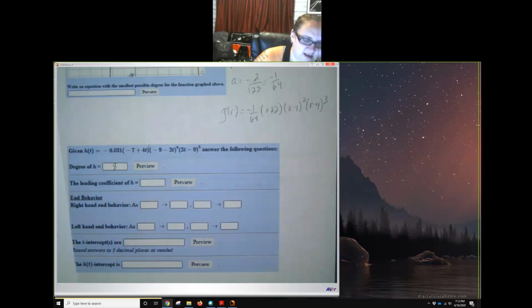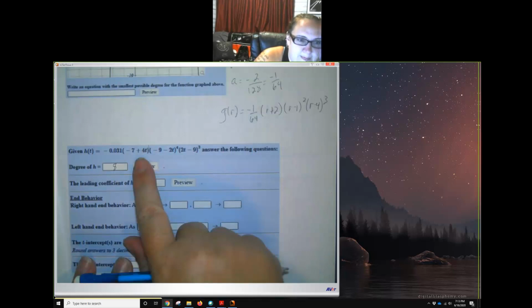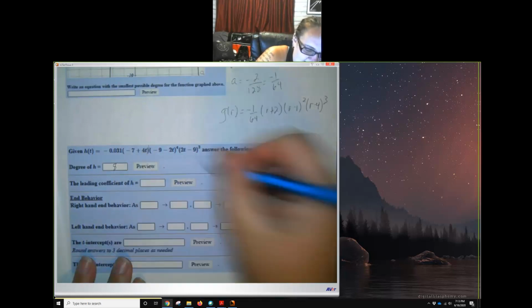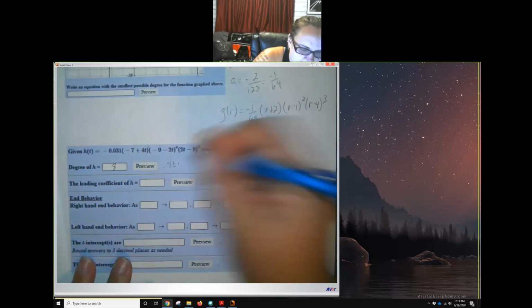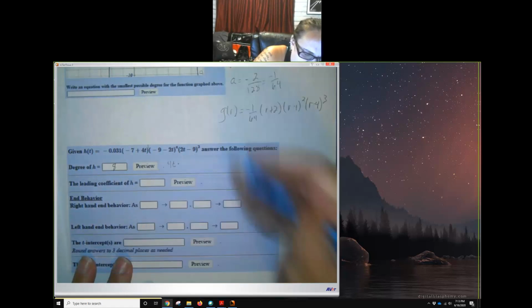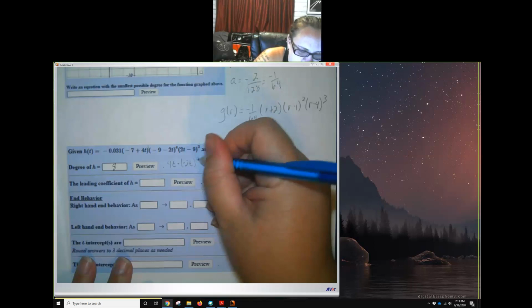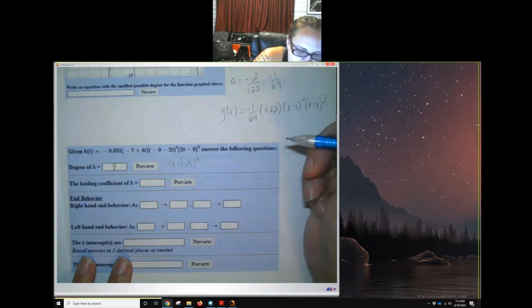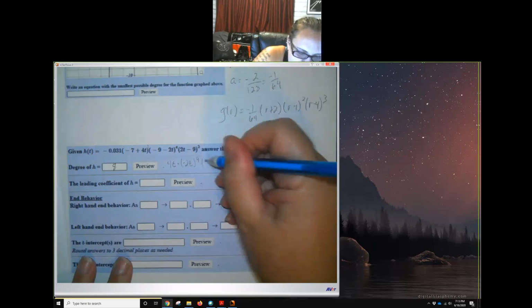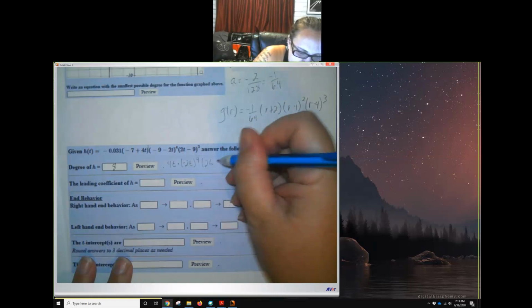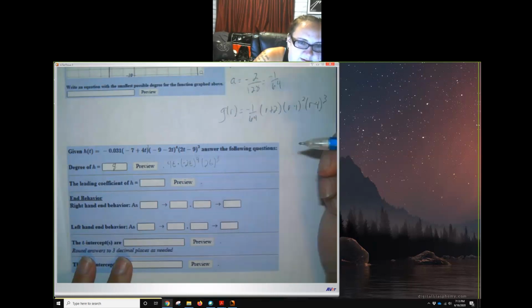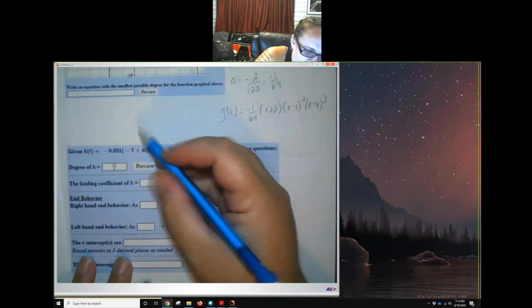Here, this would be 4t. This would be a negative 2t to the fourth. And this would be 2t to the third. And then times this number in front.